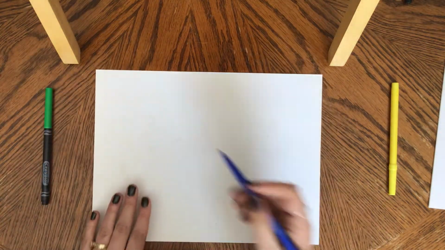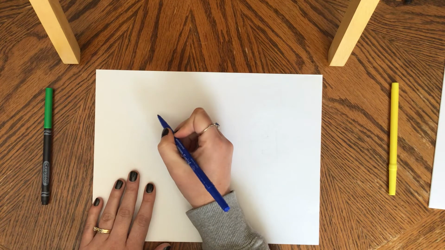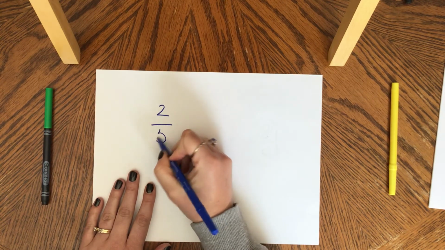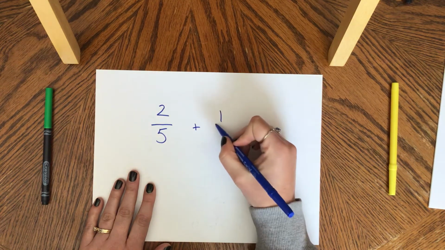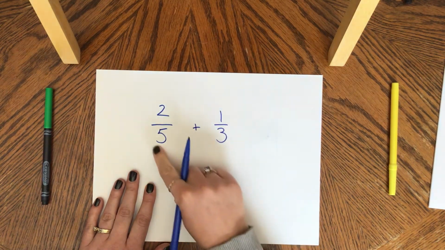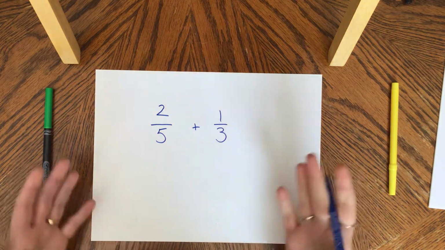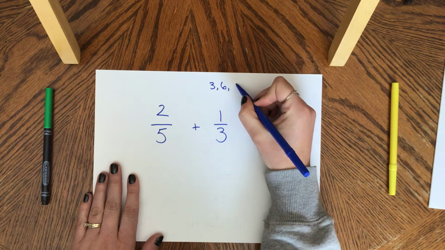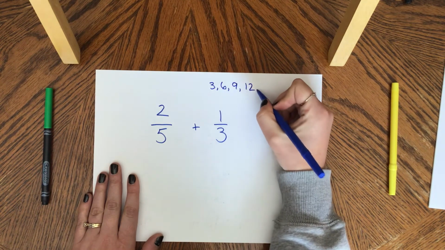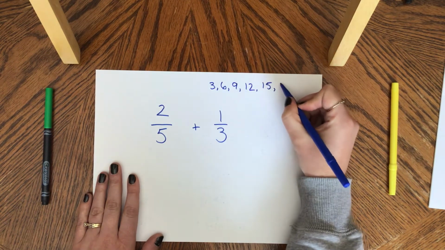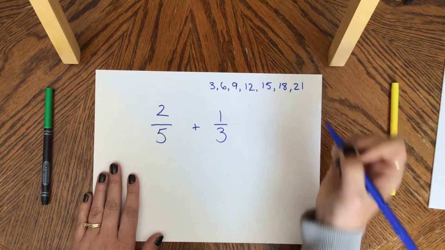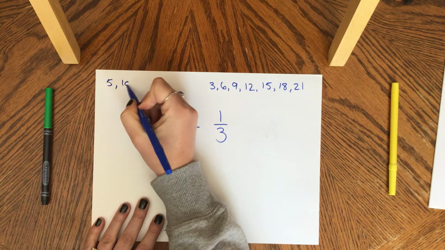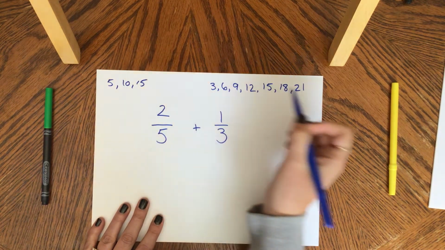Let's try that again. Sometimes I have numbers that don't match. For example, if I have 2/5 plus 1/3, 3 cannot go into 5, so now I have to list my multiples. 3, 6, 9, 12, 15, 18, I'm going to stop at 21, and now I need to list the multiples of 5. 5, 10, 15, oh, 15.